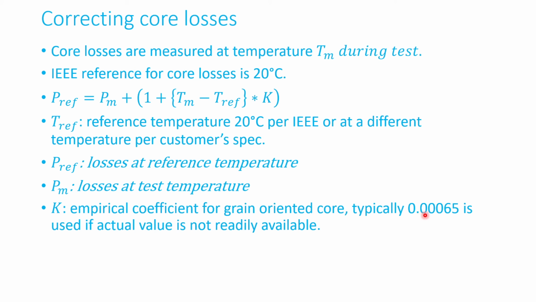Typically, 0.00065 is used if the actual value is not readily available. Most manufacturers use this value. Obviously, if you have an actual value developed by empirical data and testing, it's preferable to use it. But if not, this value is typically used.